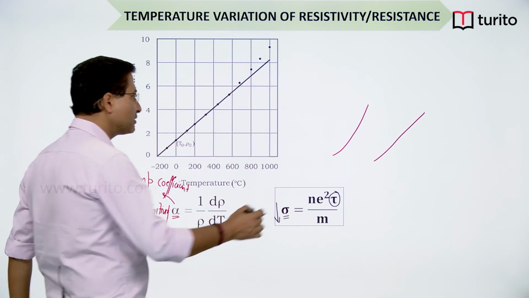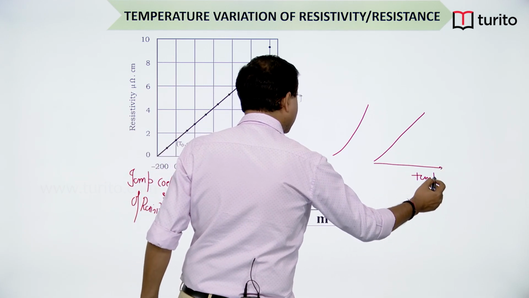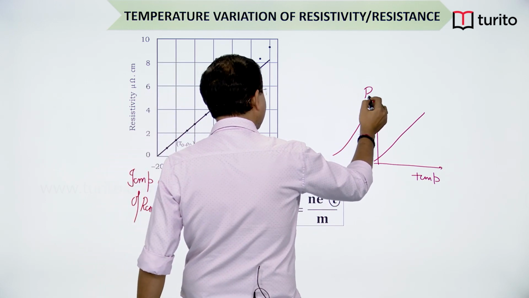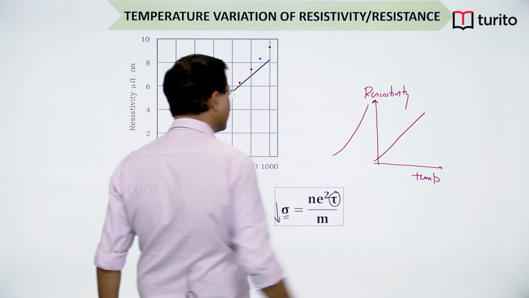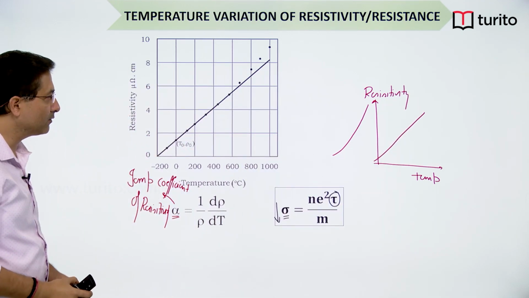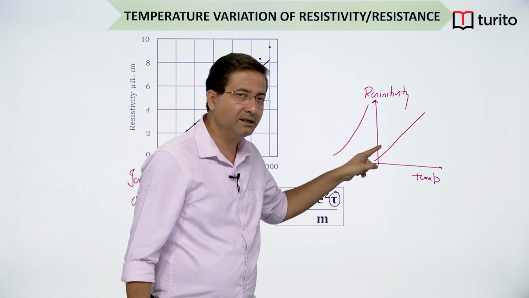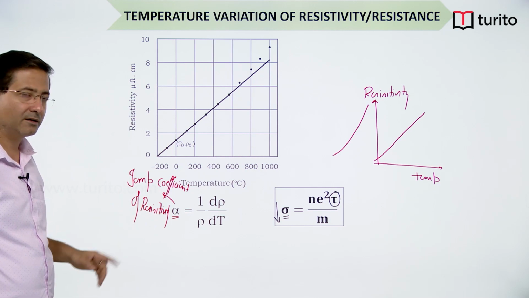On this side I am plotting temperature, and this axis is for resistivity. What I am saying is that if we take a small temperature range, this relation is almost linear. If this relation is linear, this quantity will be constant, okay.